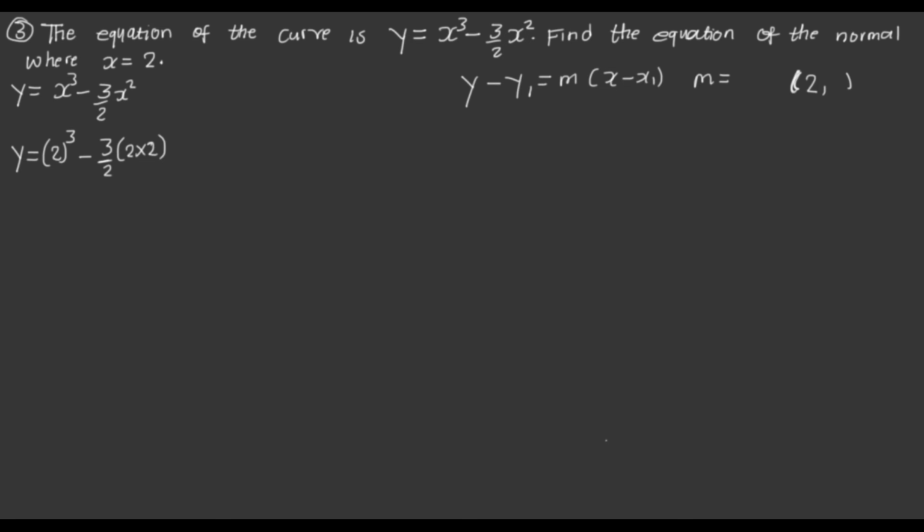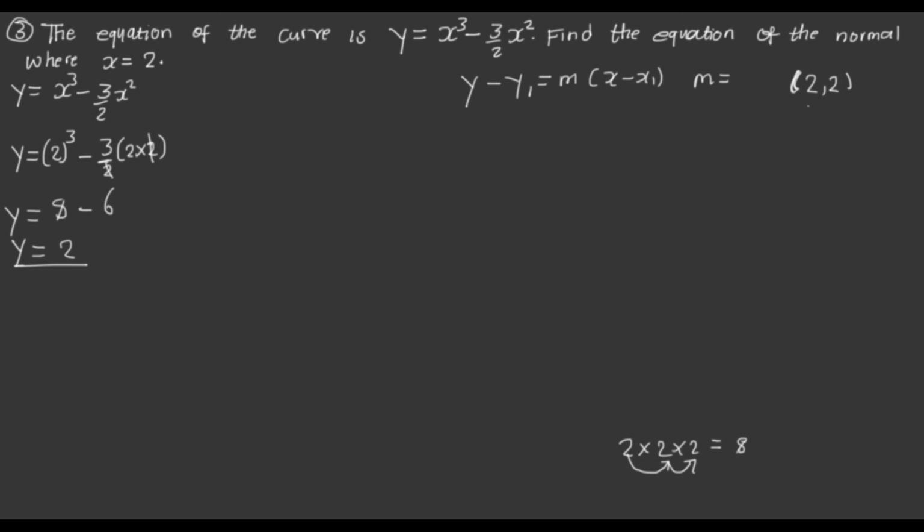Now 2 raised to the power 3 is 2 times 2 times 2, 3 times. So 2 times 2, 4, times 2, we get 8. So 2 raised to the power 3 is 8. Minus, we can cancel the 2 from there. Then 3 times 2, we get 6. y is equal to 8 minus 6, which is 2.